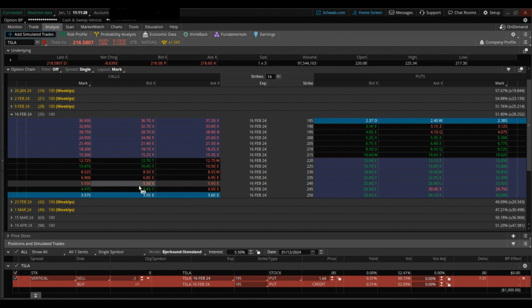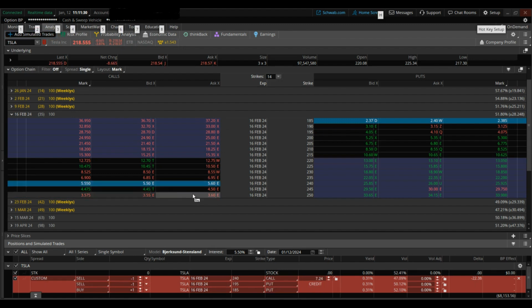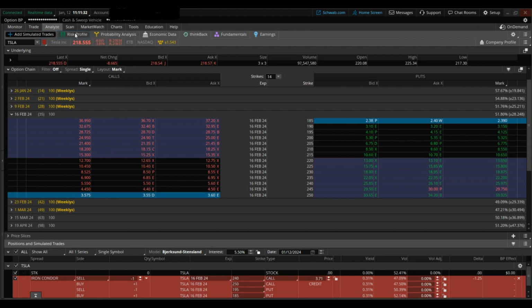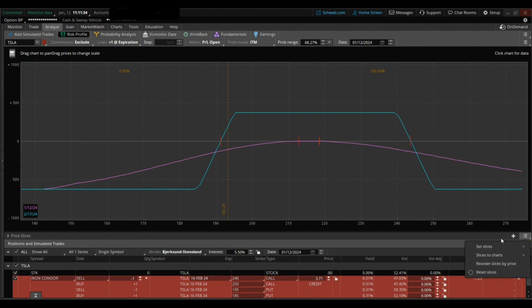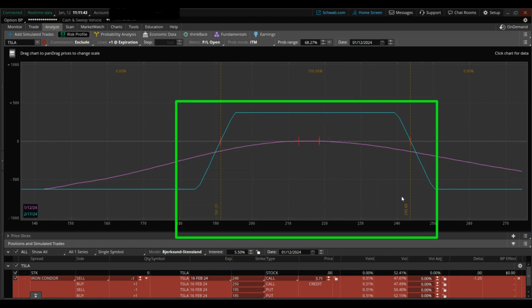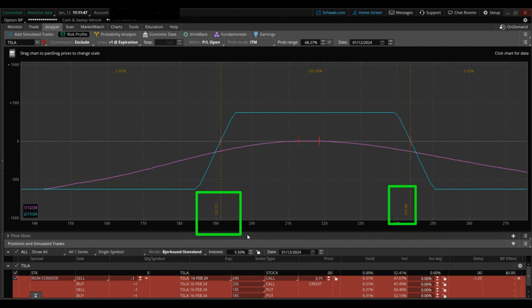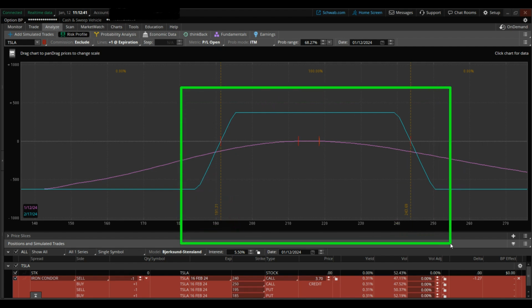On the call side, we're gonna go to the 240 and the 250, and we want Tesla to stay below this line. Which means we want Tesla to stay in this range right here, between the 243 and the 191, for maximum profit.